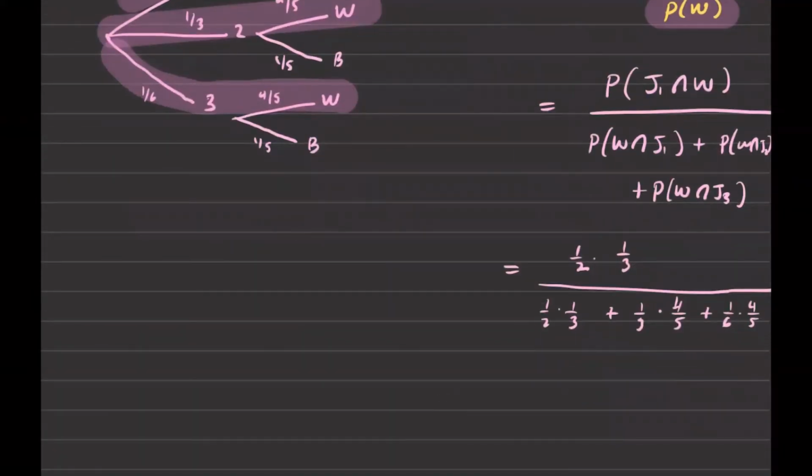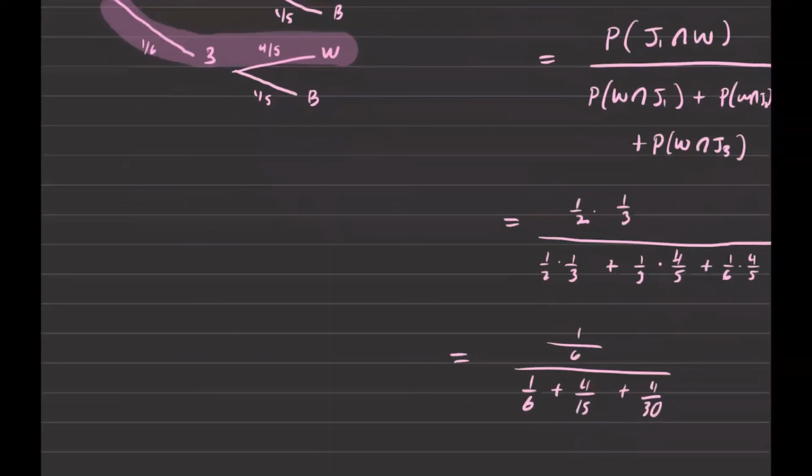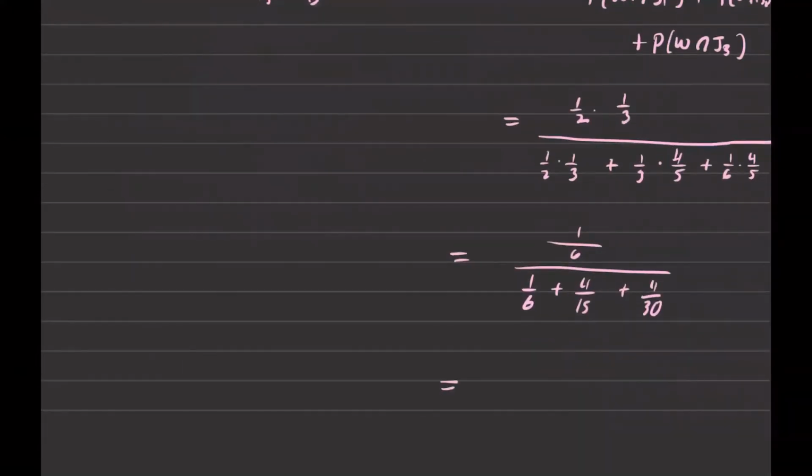So this is equal to 1 over 3 times 2, that's going to be 6, so 1/6, plus 4 over 3 times 5, that's 15, plus 4 over 30. And then if you combine these on the denominator, you'll have 17 over 30, or you can simply put this in your calculator.